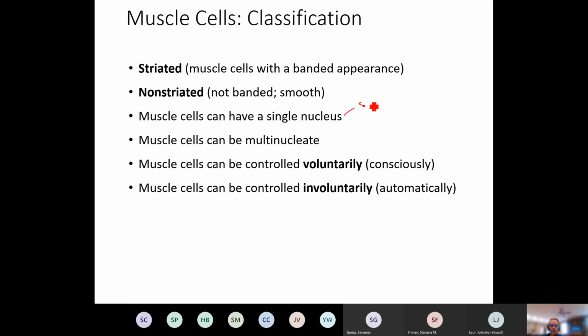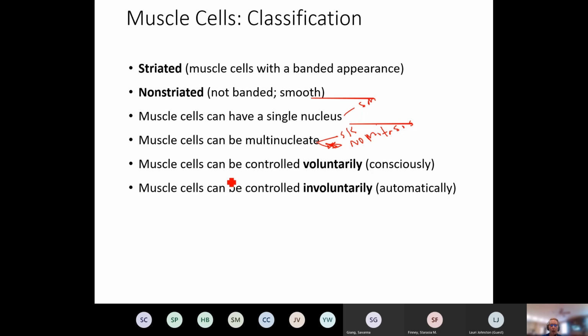Again, your cardiac and smooth are going to have one nucleus, whereas skeletal will have multiple. And part of this is why there is no mitosis, because it would be very hard to make a cell divide and equally distribute, so that every single nucleus gets the same pattern of DNA splitting when there are 20 nuclei to do that in.